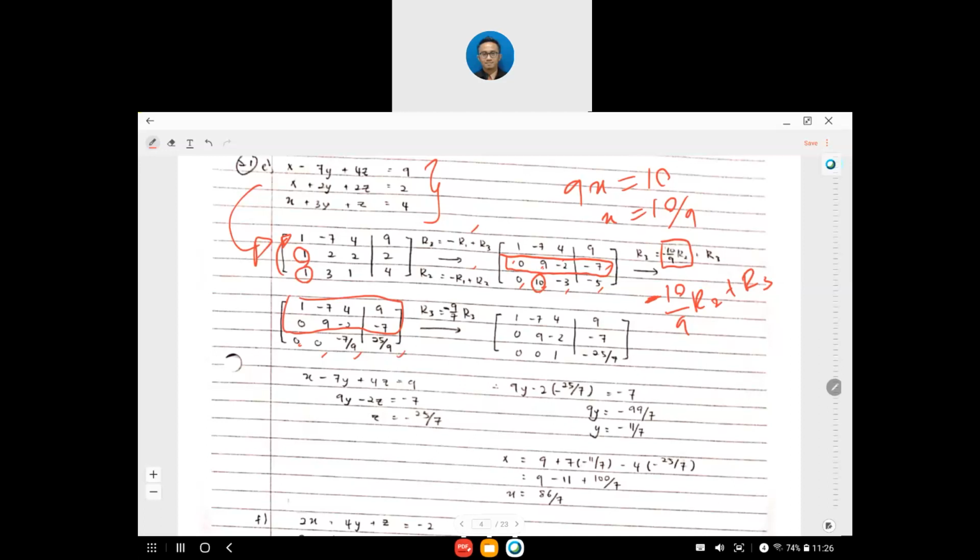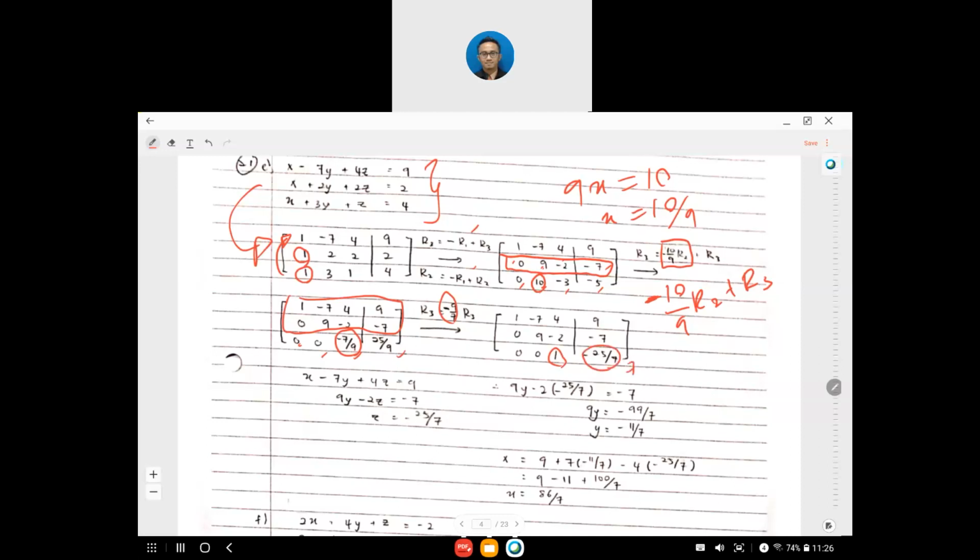Okay, it's correct. And then you want to change this value to 1. So cross multiply, you multiply back by -9 over 7. So you can get 1 here. And then the second one, you can get -25 over 7.